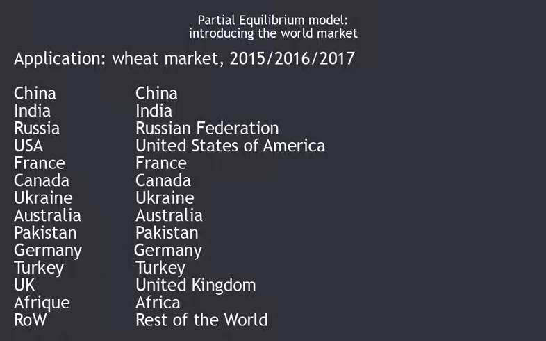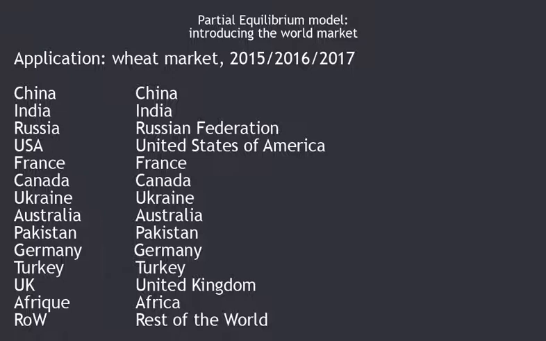Let's notice that we have an average for 2015, 2016, 2017. Why? Because it's always risky to take data from a single year, because maybe this year is not representative of a long-term trend. So we have here 14 countries or regions.